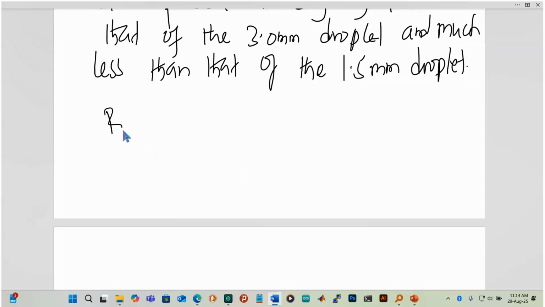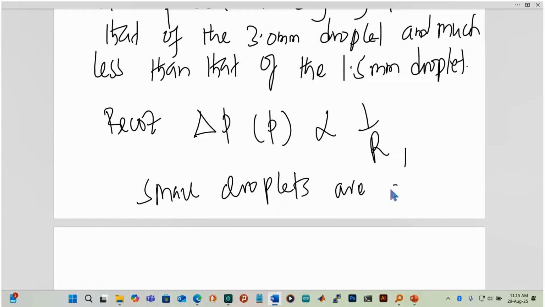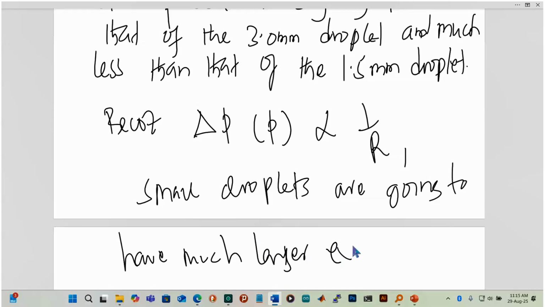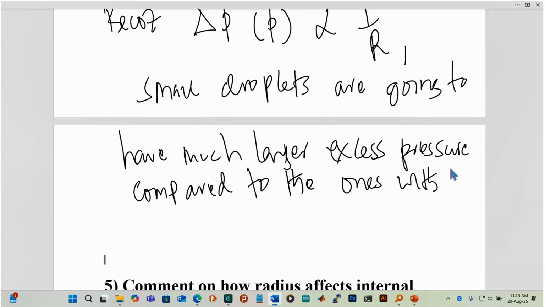Because the excess pressure P is inversely proportional to radius, small droplets are going to have much larger excess pressure compared to the ones with large radii.